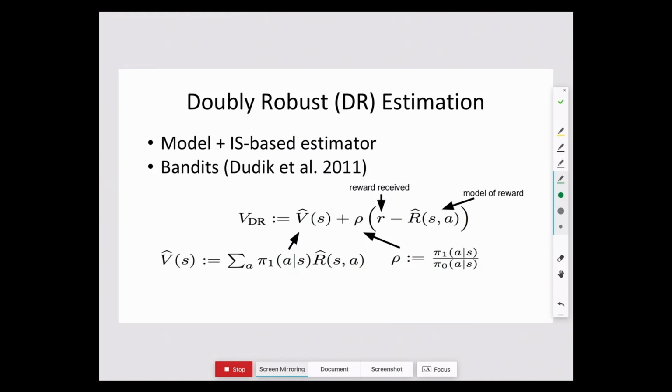Here we have v hat, which is our model-based estimate, and that assumes our policy is stochastic, so we take a weighted average of the probability of taking an action given a state times our model of the reward. So this could be a deep neural network, this could be linear regression. And then we have our rho here, which is our importance sampling weight. And so we're combining between these two estimators.